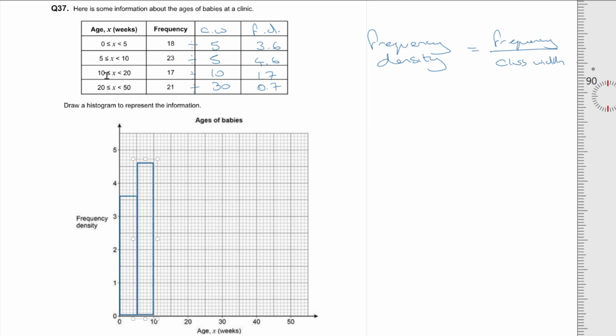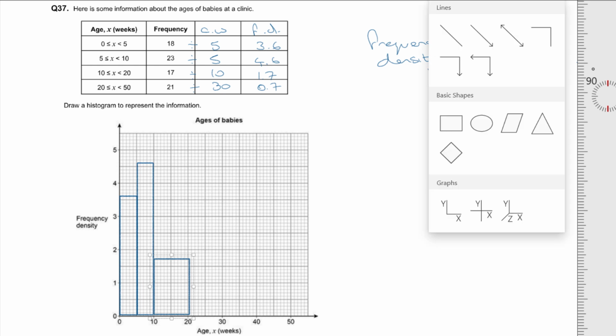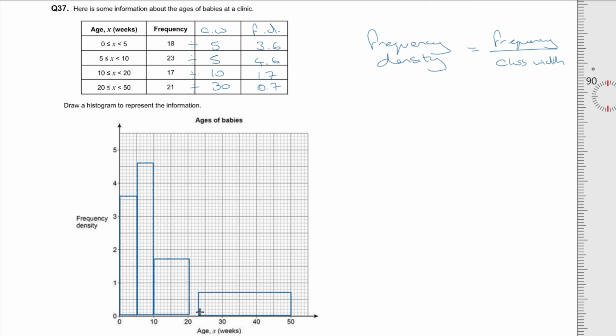Then we've got 10 to 20 with a height of 1.7. And then finally 20 to 50 with a height of 0.7. Okay, I'm happy with my histogram.